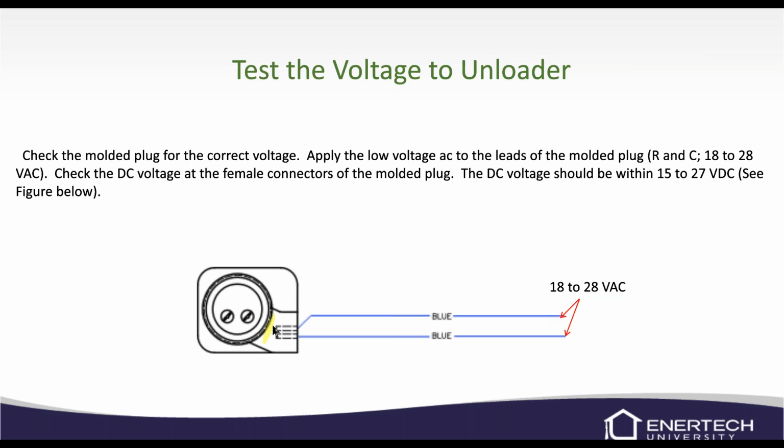So you should have close to 24 volts coming in AC, and then somewhere close to that on the DC voltage as well. Obviously, it's going to depend on what your voltage to the rectifier is, what the output is. But if you have 24 volts AC, then you should have 24 volts DC coming out of the plug.